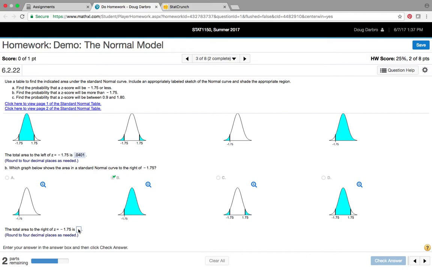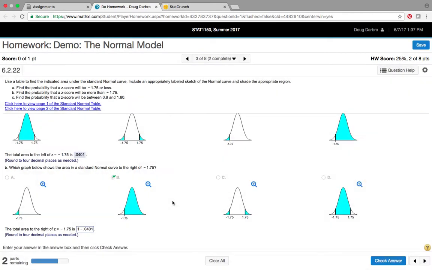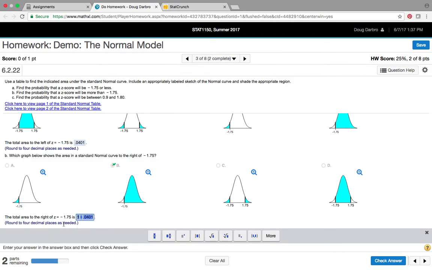Well, all we need to do is take 1 minus, I'm just going to type it in, 1 minus 0.0401. I don't know if it'll take that or not. Let's see if it, okay, yeah, it's not going to let you get away with it that easy. So let's just type in 0.9599.